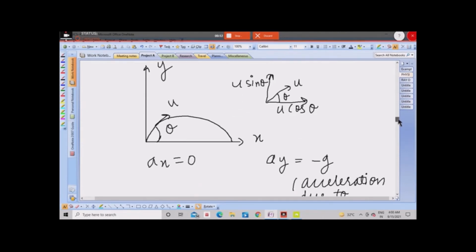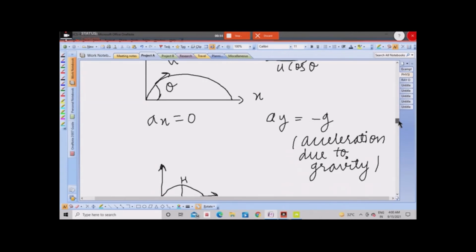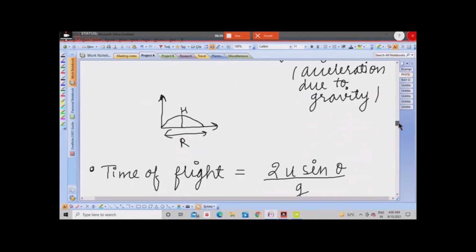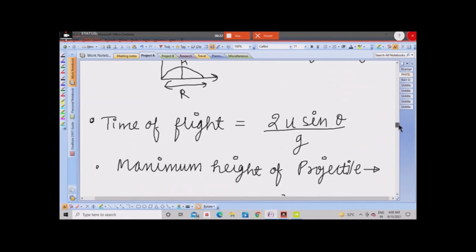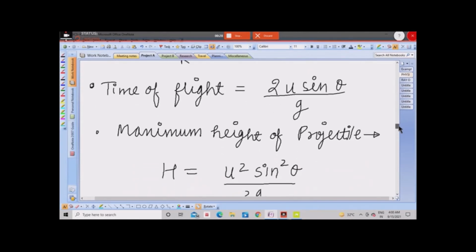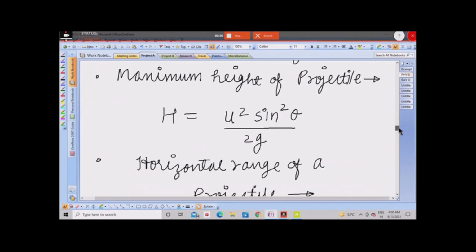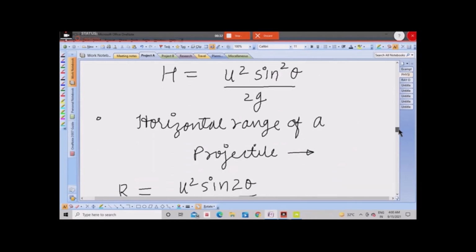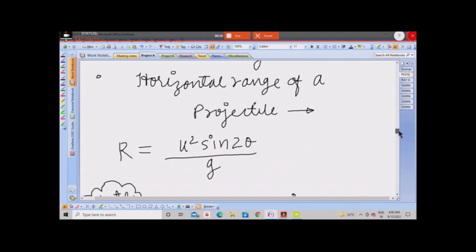Okay, so acceleration जो है x axis की तरफ होगी 0 और y axis की तरफ होगी -g, that is acceleration due to gravity. Time of flight, we have to learn formulas here, so let's see. Time of flight is 2u sin theta by g. Maximum height of projectile is u square sin square theta by 2g, and horizontal range of the projectile is u square sin 2 theta by g.